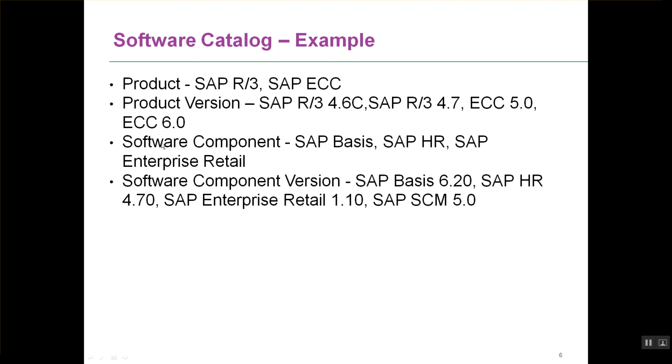All of this forms what we call a software component, and the software component version is nothing but, for this software component, what is the version? Your SAP basis software component can have SAP basis 6.2, version 6.4, 7.0, and so on. Same way for HR, same way for enterprise retail. So the idea is your software components will have software component versions and your products will have a product version.